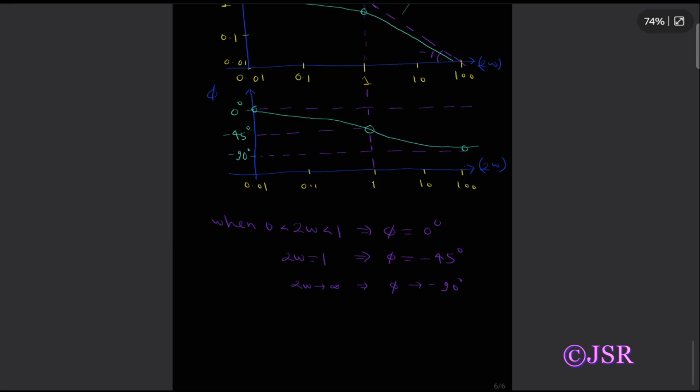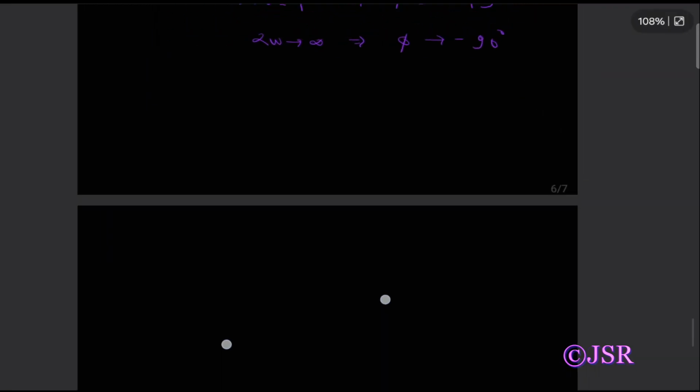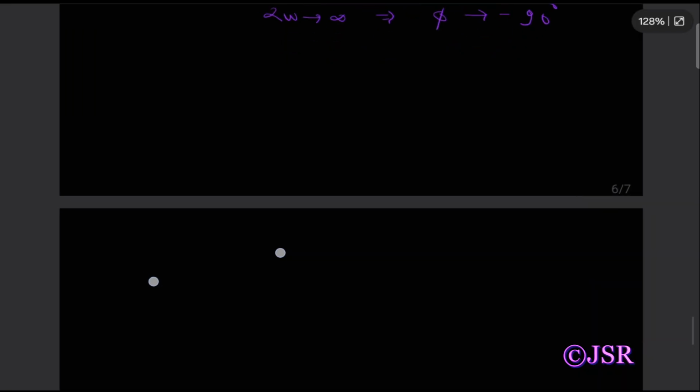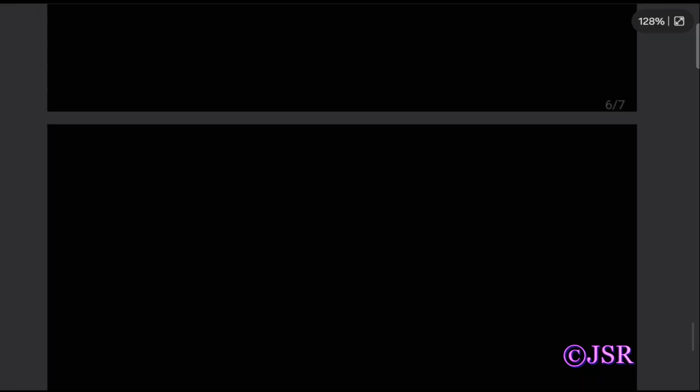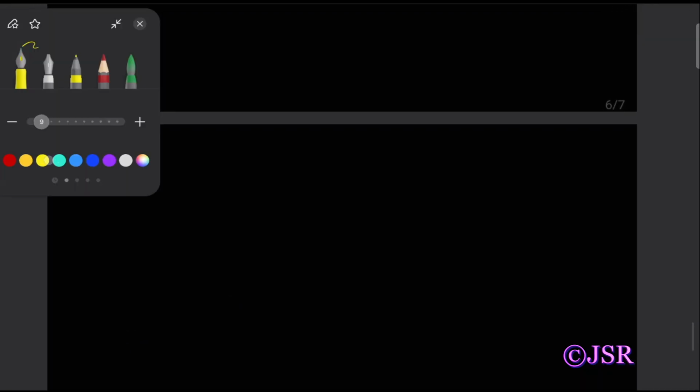So the same diagram can be plotted as AR by 6 versus omega. So this is the alternate plot.